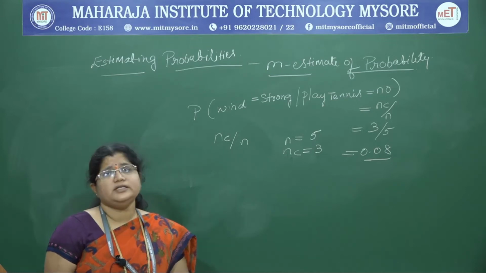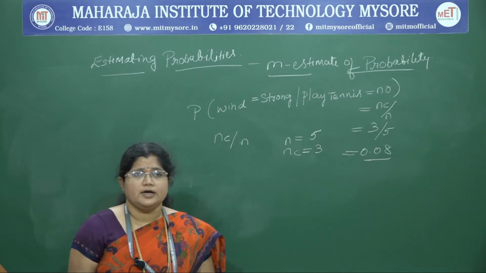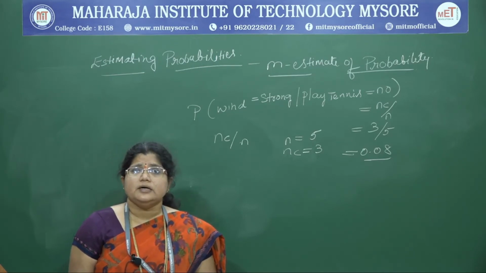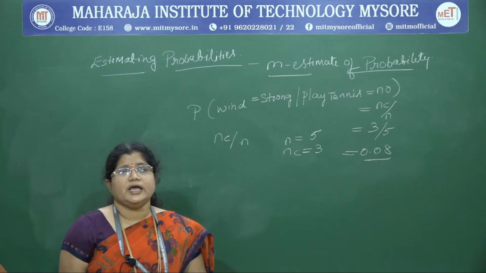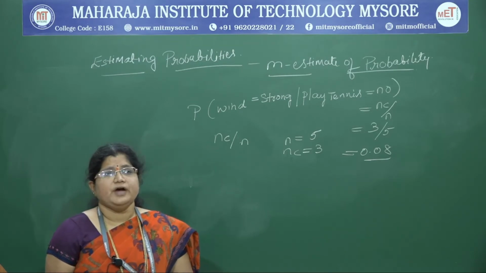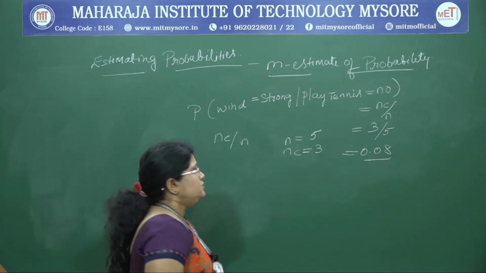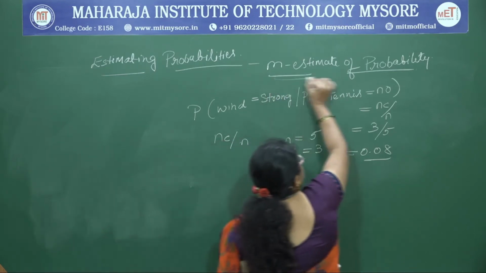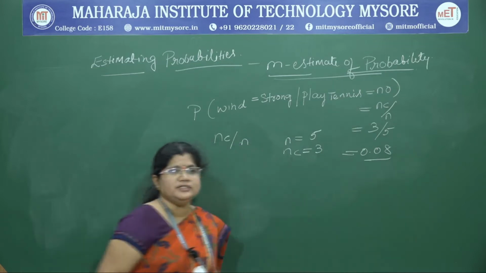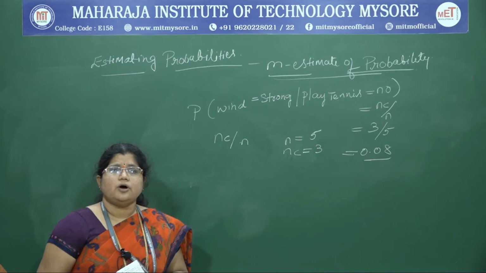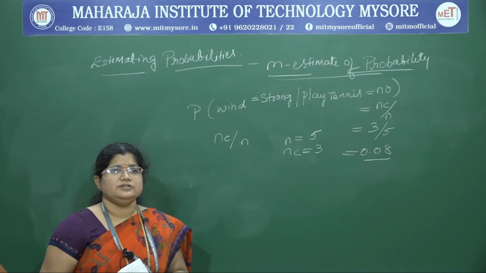To avoid this difficulty, we can adopt the Bayesian approach to estimate the probability using an M estimate, defined by the equation as follows. So, we are going to use an M estimate of probability so that it overcomes the drawback of the Bayesian classifier.